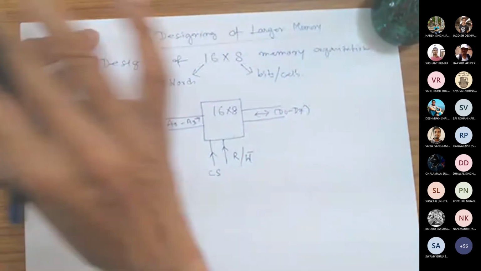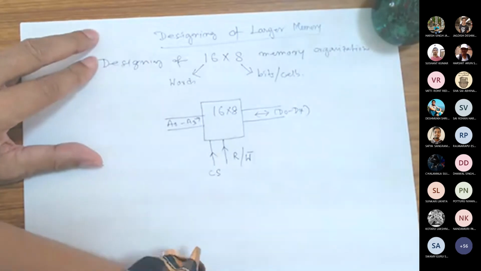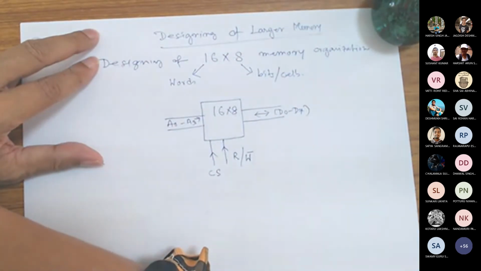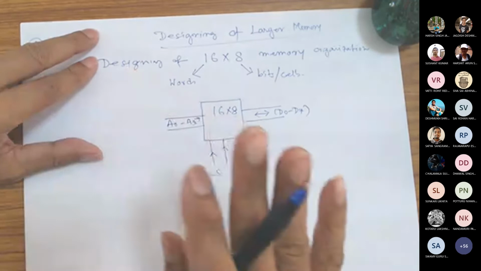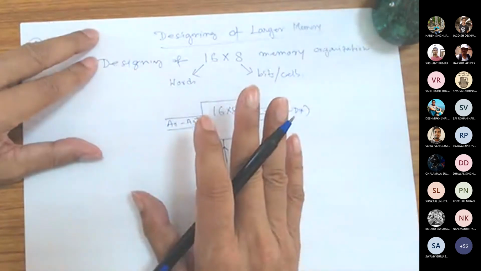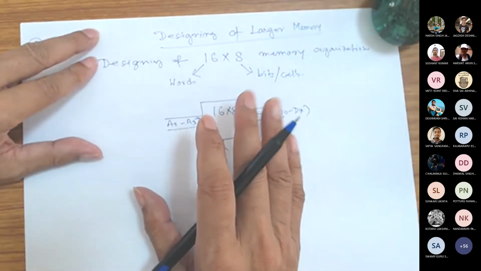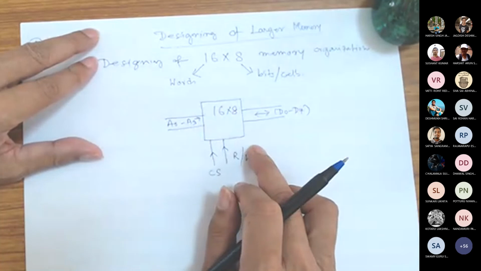This is my memory. This is a small memory, 16 into 8. You can say that 16 8-bit registers. Is that clear? Both the organization as well as the block diagram?